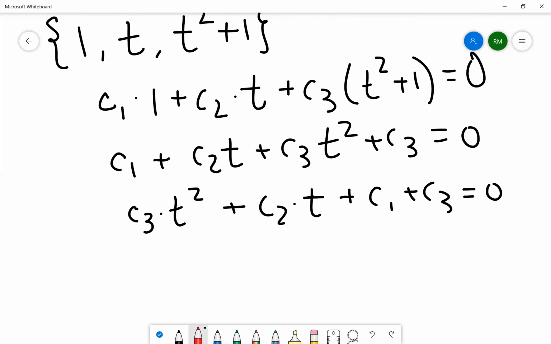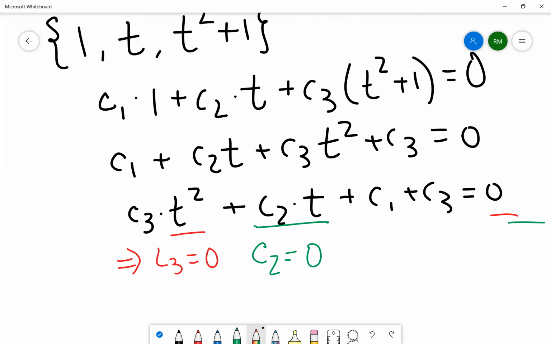If I look at this, there is a t squared piece on the left, but none on the right, and so that tells us that c3 must be 0. Similarly, there is a term with t to the first power on the left, but none on the right, so c2 equals 0.